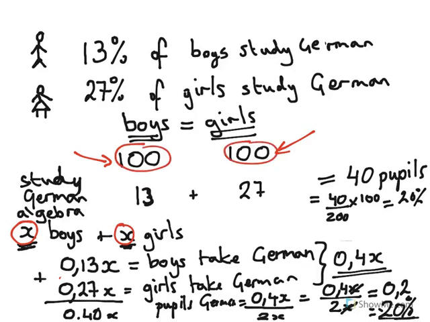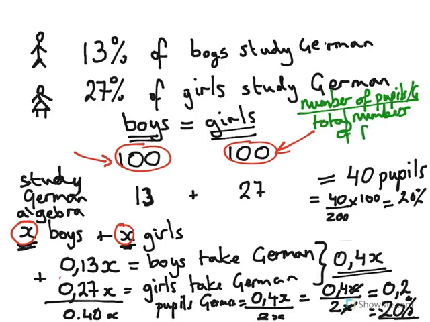And the formula that's important here, to get the percentage of pupils that study German, we need the number of pupils, boys and girls, who study German, divided by the total number of pupils. And here we've got to remember to add boys and girls. This will give us the decimal number, and we have to multiply by 100 to turn it into a percentage. So this was how we would solve that type of question.